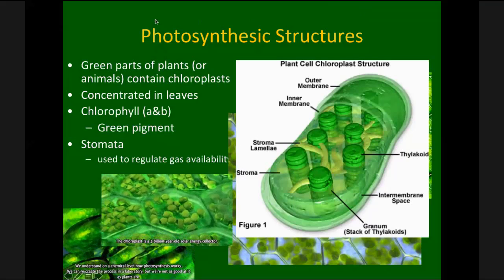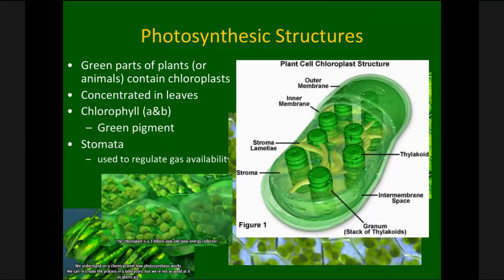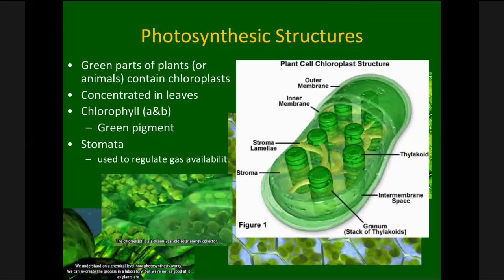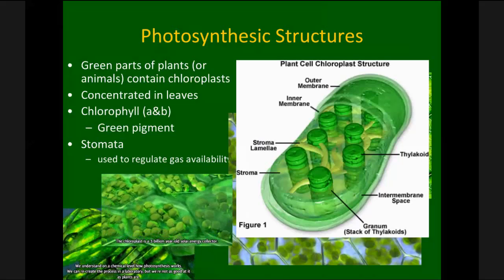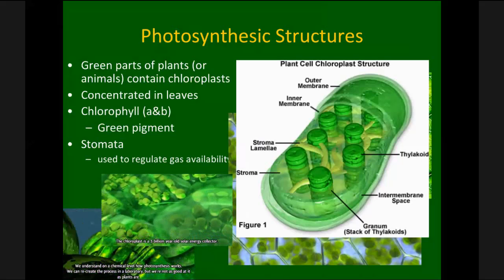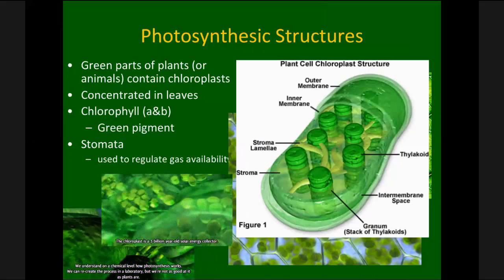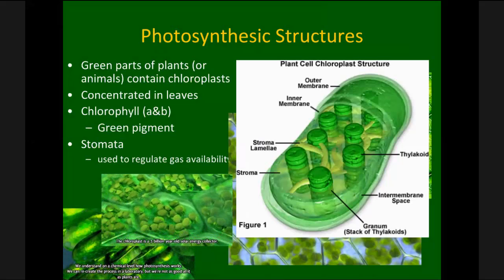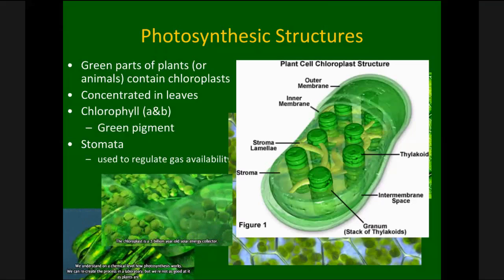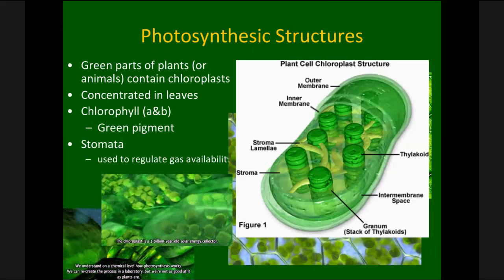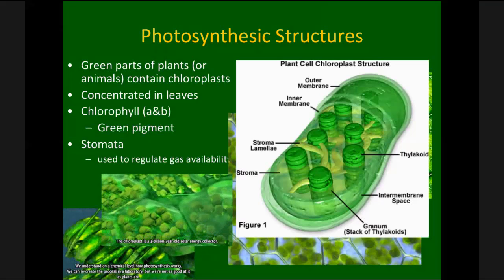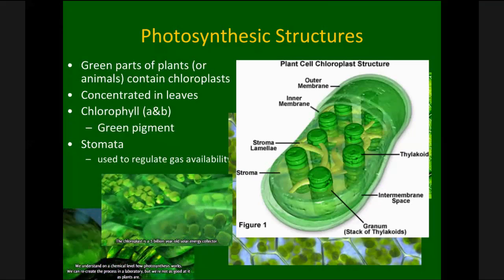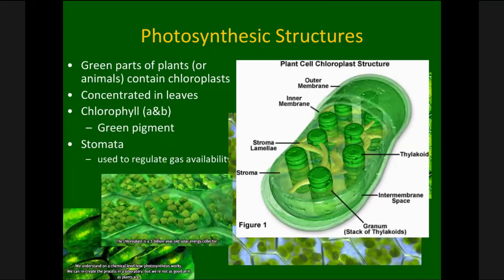So we oftentimes see our house plants will sometimes have different colors. Some shade-loving plants tend to have a lot denser number of chloroplasts and chlorophyll to be able to harvest sunlight in those shady environments. Whereas plants that are exposed to a lot of bright light don't need as many chloroplasts because they have more access to light. They're a little bit more efficient, so they tend not to be as dark green.